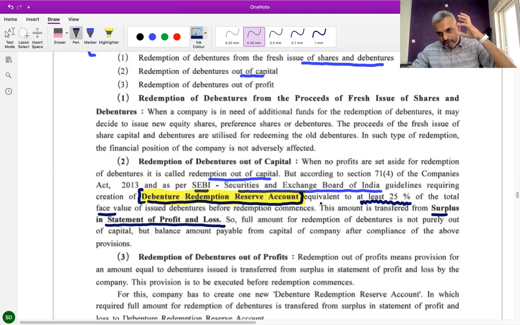So out of our profit, we transfer 25% of the face value of issued debentures. So the full amount of redemption of debentures is not purely out of capital, but the balance amount is payable from the capital of the company after compliance with the above provision.